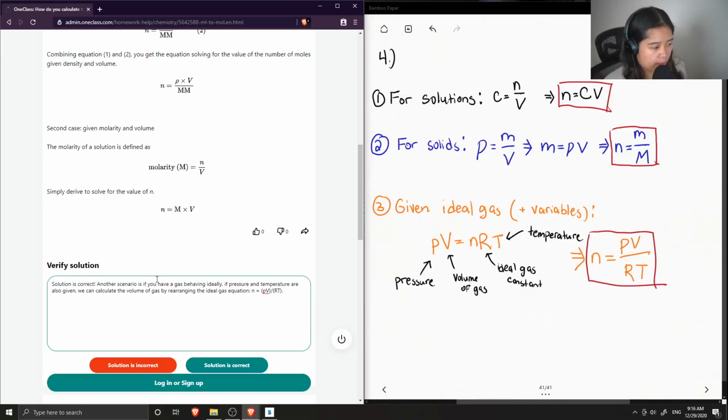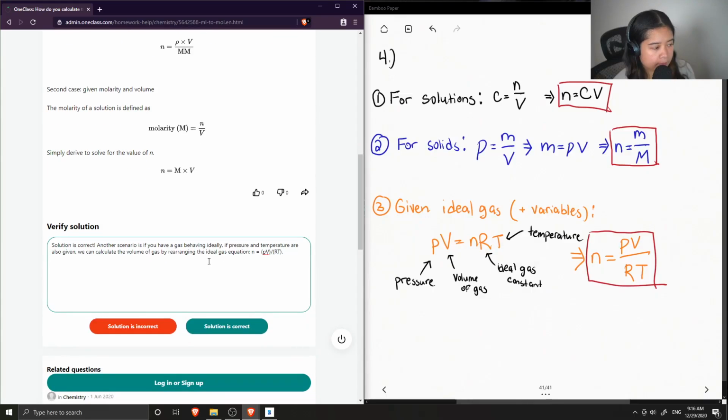So I said another scenario is if you have a gas behaving ideally, if pressure and temperature are also given, we can calculate the volume of gas by rearranging the ideal gas equation, or the number of moles of the gas.